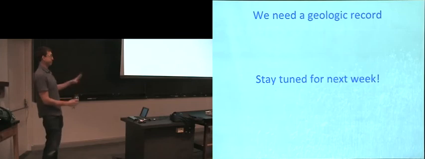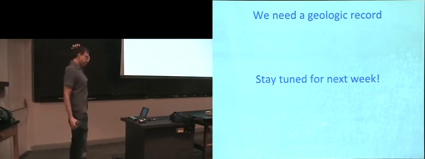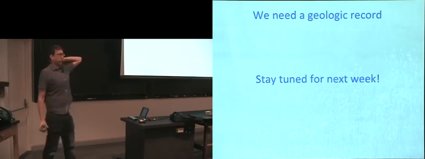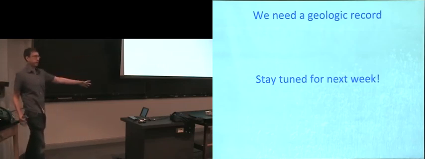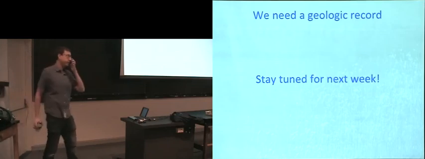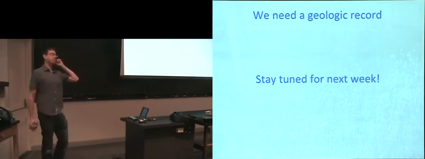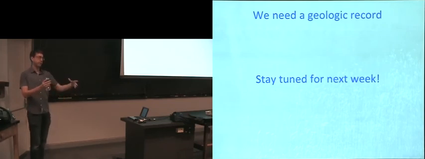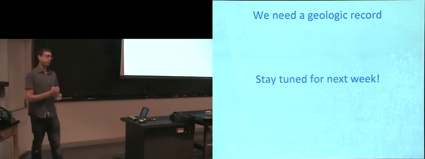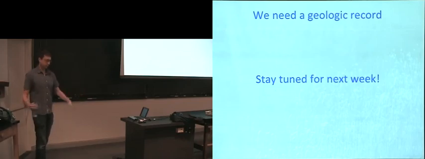Let's put aside some of the more model-based stuff and go look at the geologic record and see what it tells us about when certain events happened. It would be great if we could then take this evidence and build new models on it, but that step is not quite yet being taken. So we're going to have to take the evidence-based view from the geologic record for what it is, for what happened when.